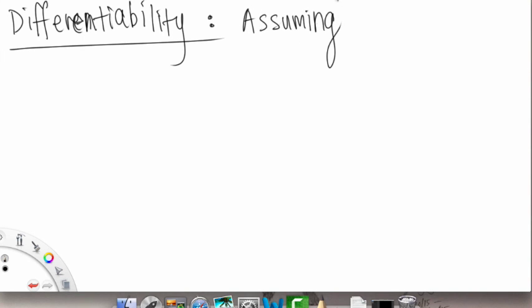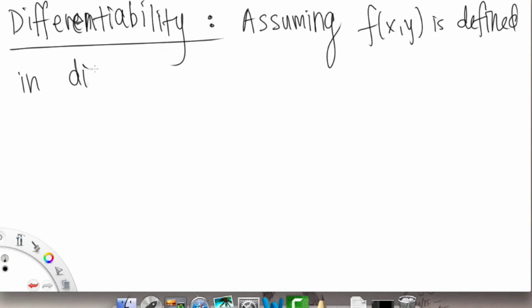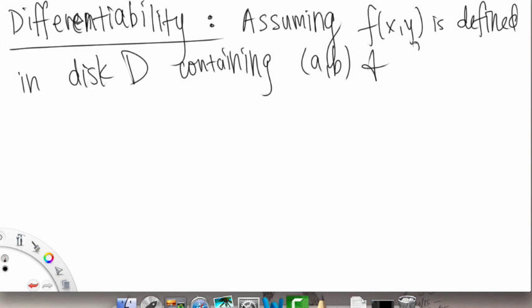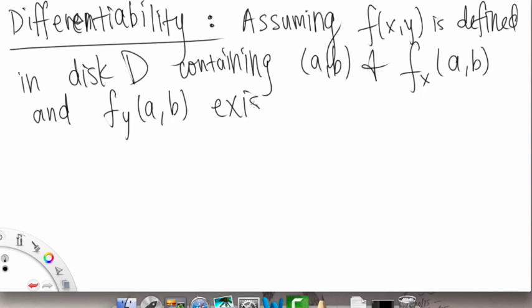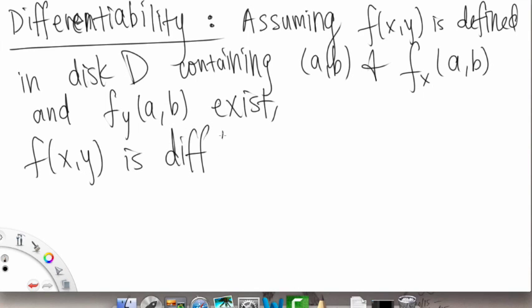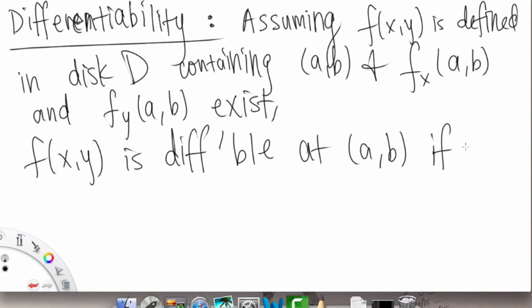So assuming that f of x y is defined in disk D, containing a point A B, and the partial derivative with respect to x at A B and the partial derivative with respect to y evaluated at A B exist, then we can say that f of x y is differentiable at A comma B if it is locally linear.